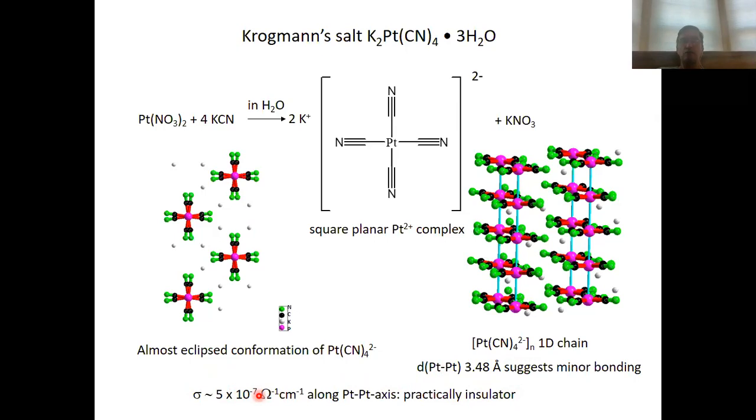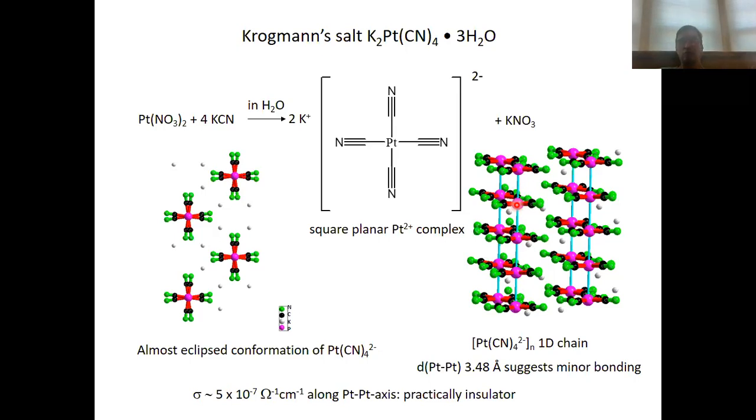All right. So in this view, we would say that these platinum atoms, which are stacked in one dimension, would not be considered to be a one-dimensional electrically conducting wire of platinum atoms.